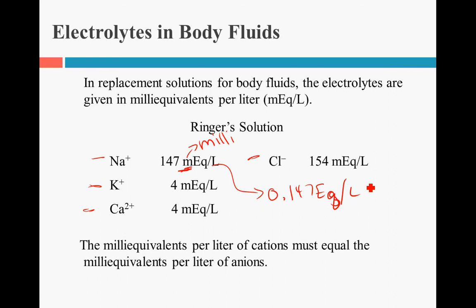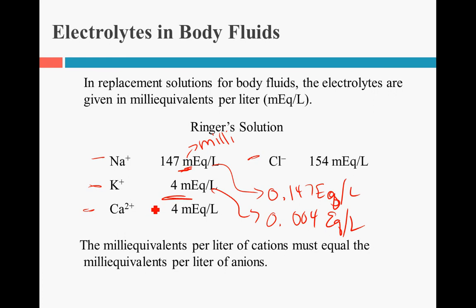Think of it as baseball scores. You don't say somebody's batting .500. You're saying they're batting 500. You're just trying to make it easier to communicate. So 4 milli would be 0.004 equivalents per liter.